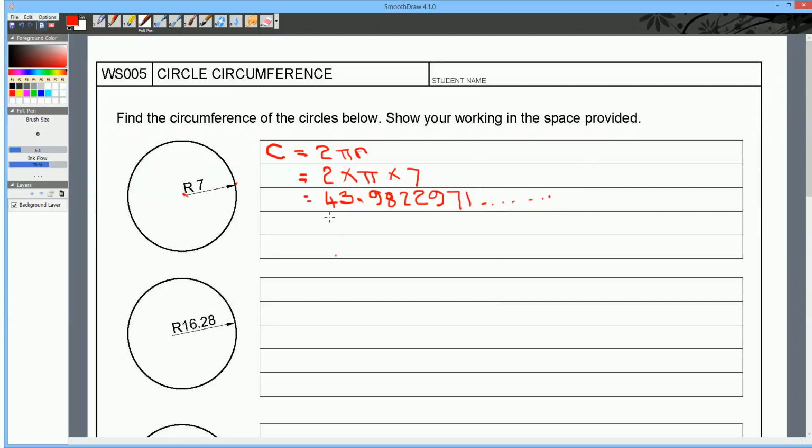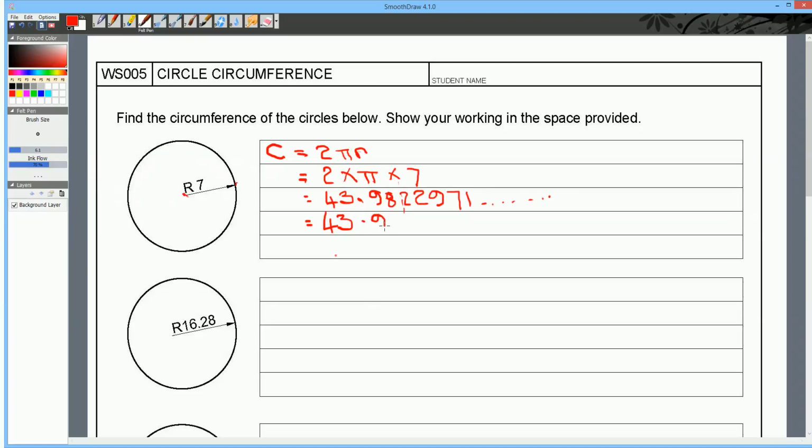Now that's quite a large number, and we can't really measure that accurately. So I'm just going with 2 decimal places. So I'm going to round this to 2 decimal places, 43.98. Now that's 2 decimal places after the decimal point, and there's an 8. I've got to make the decision, does the 8 stay the same or does it round up? Now the number after it is 5 or less, so it stays the same.